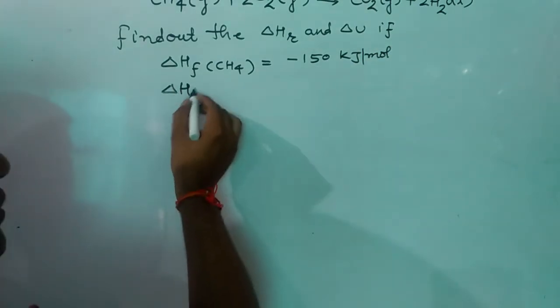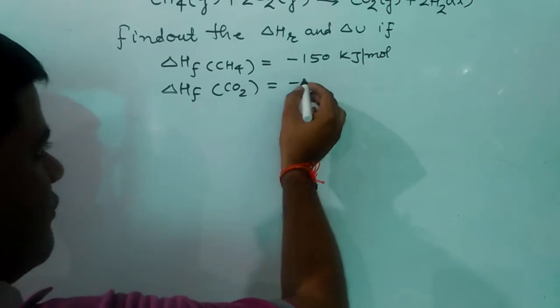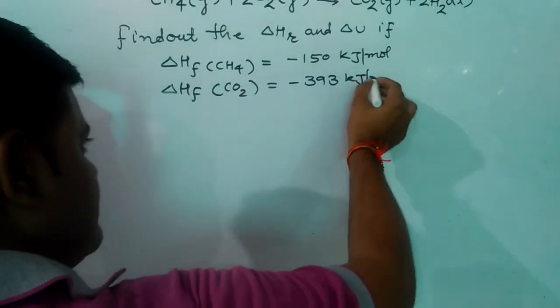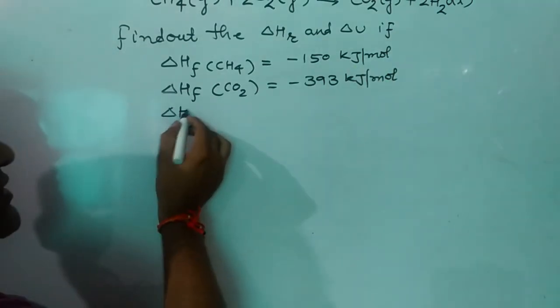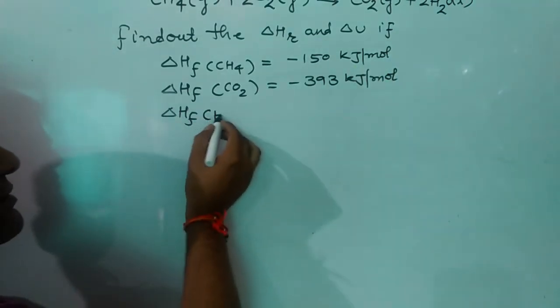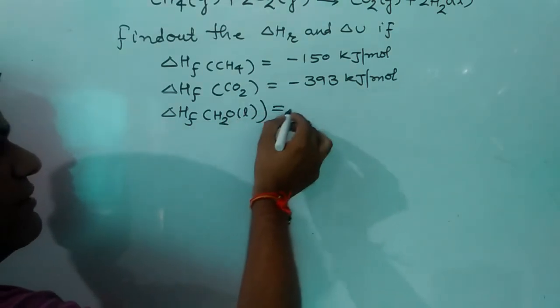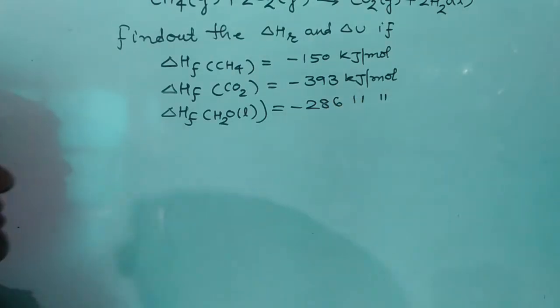enthalpy of formation of CO2 is minus 393 kilojoule per mole, and enthalpy of formation of water is minus 286 kilojoule per mole.